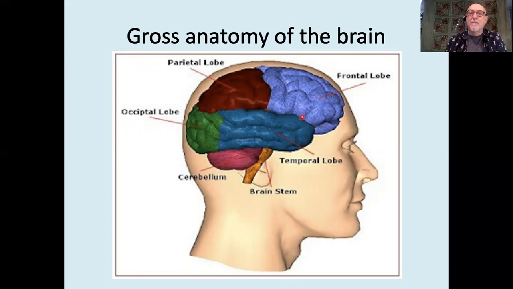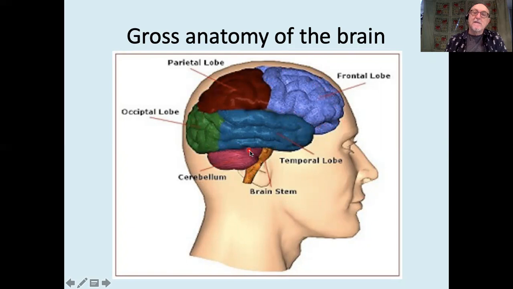We're going to see there are some different specific areas of these lobes that have particular responsibility. For the moment, just try to get them into your head, so to speak. The frontal lobe, the parietal lobe, the occipital lobe, the temporal lobe. Okay, so just those four: frontal, parietal, occipital, and temporal.